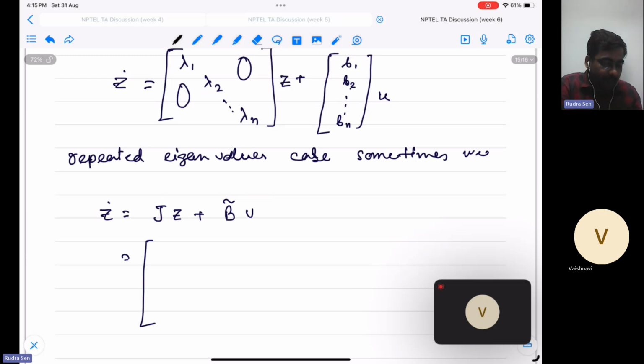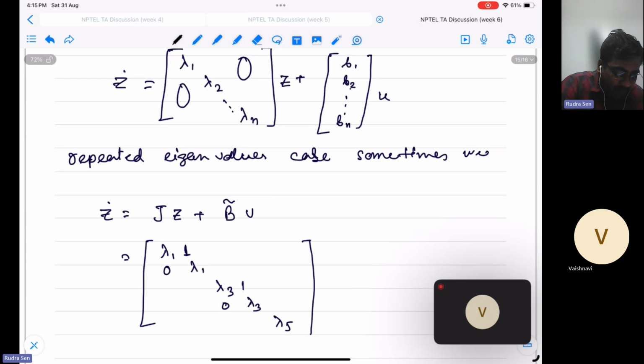So let's say lambda 1, lambda 1, 0, here 1. Then let's say lambda 3, lambda 3, here 1, 0. And then let's say lambda 5. I'm considering a 5 cross 5 system. So this is 0, 0.